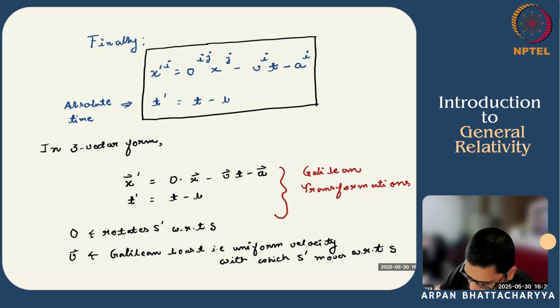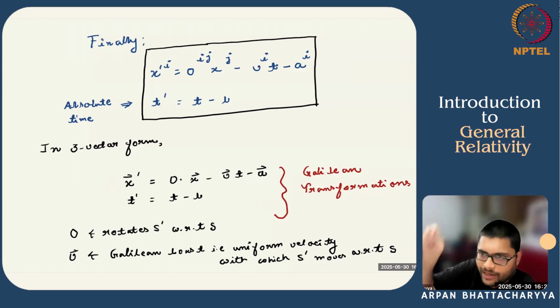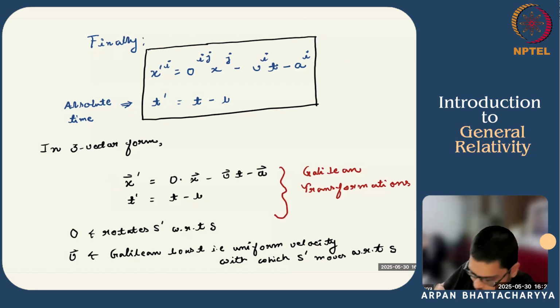So in the three-vector form, which might be more familiar to you, you can rewrite this equation in the following way. Remember, x is a vector which you can represent by a column, and in the matrix multiplication notation, the matrix is multiplying a column vector.